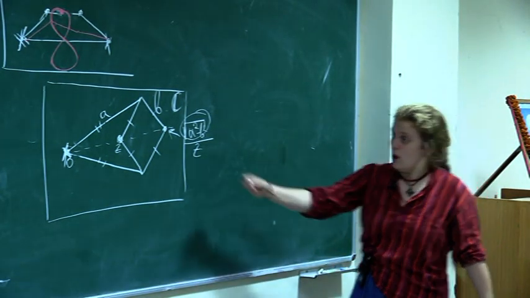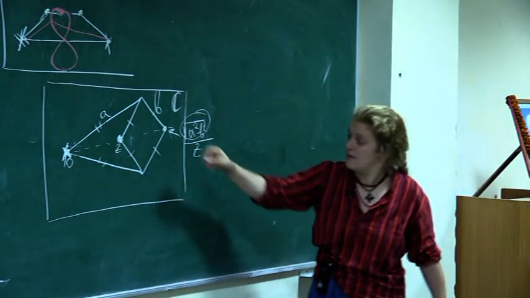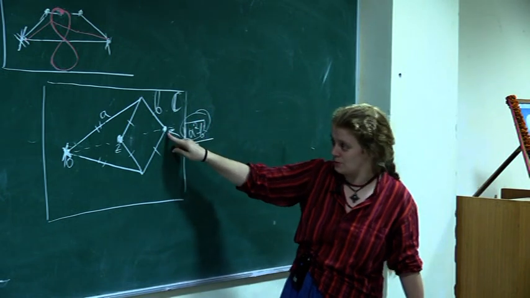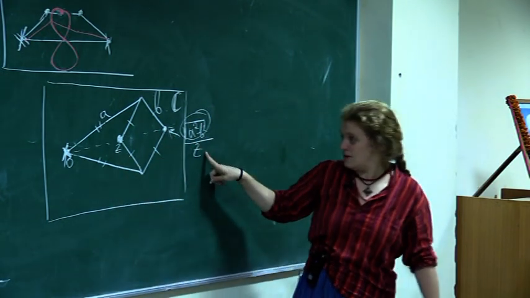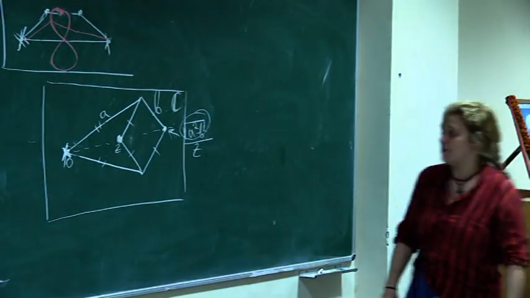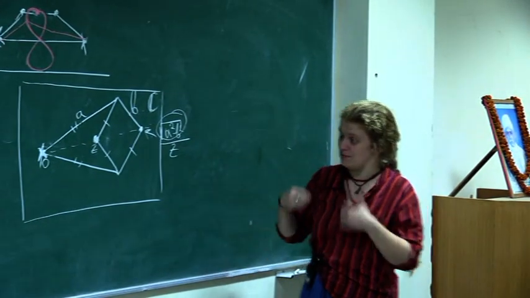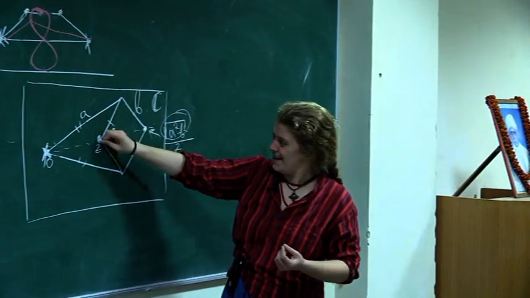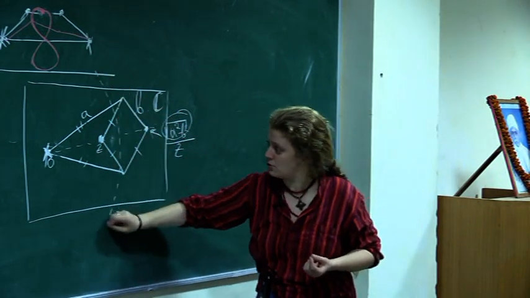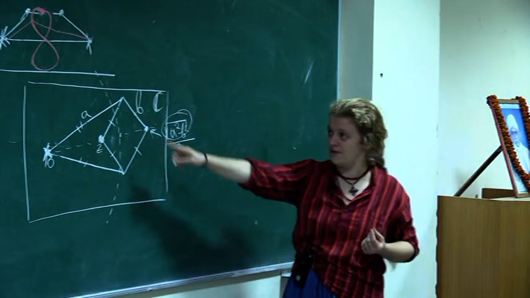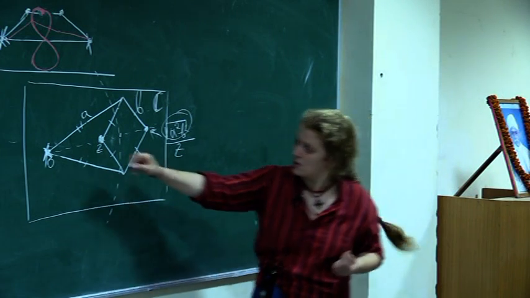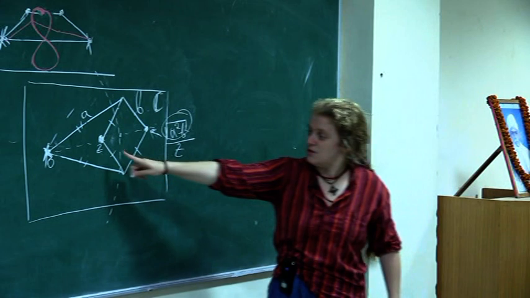So the complex number that this point represents is in some sense the inverse of this number. This is very nice. Because this means that this point is an image of this point with respect to inversion by this circle. So I have this circle with this radius.